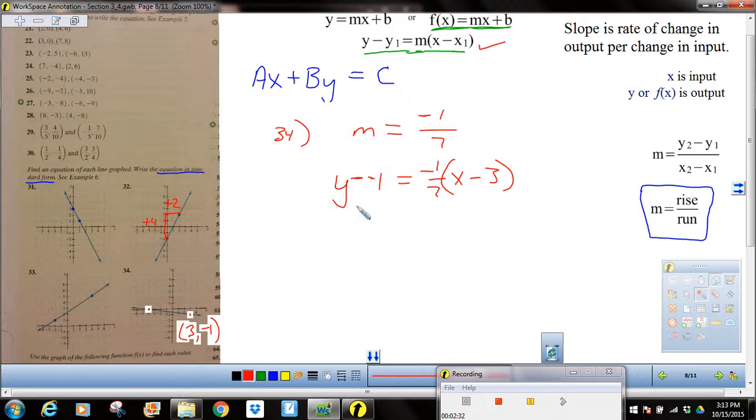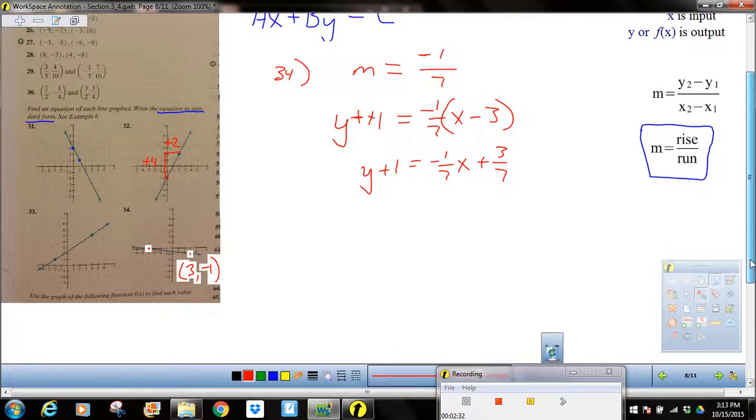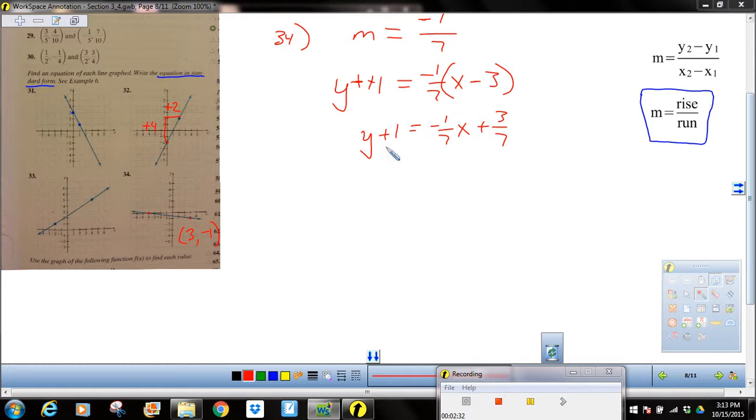Maybe I should have used the other, but anyway. This is one where I'll have to get rid of the fractions. I'm going to multiply by the common denominator.